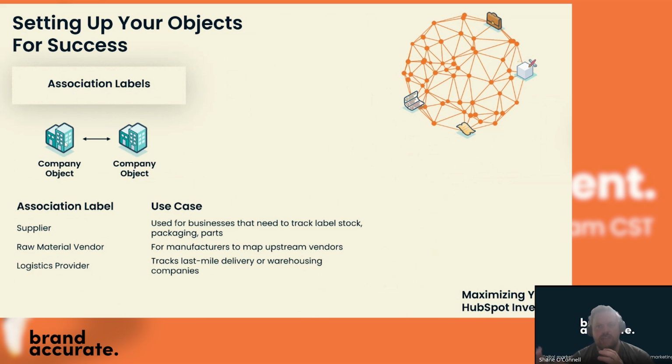So you can also have association records with each other. You can have a company to company, you can have a deal to a deal. Each deal may have a sub deal that you're working at the same time. As an example for a deal, now that I'm thinking about it, maybe you're quoting the customer different terms, right?